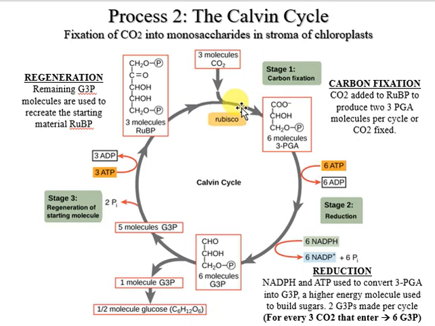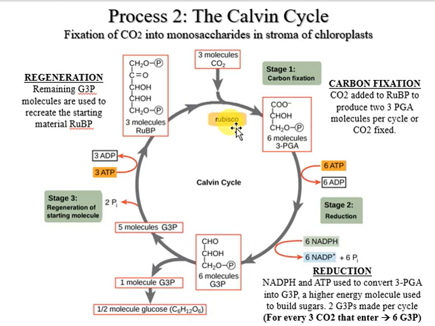Now, this reaction is catalyzed by this cool little enzyme here called rubisco. Another name for it is RuBP carboxylase. So this enzyme is going to create a 6-carbon intermediate by adding that carbon dioxide to the 5-carbon sugar.